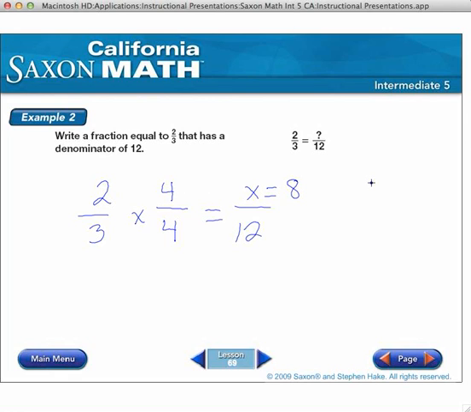So x equals 8. So 8/12 is equal to 2/3. Okay, so even though it didn't show it in the problem up here, I still needed to find what that fraction equivalent to 1 was in order to solve the problem. All right, example 3.